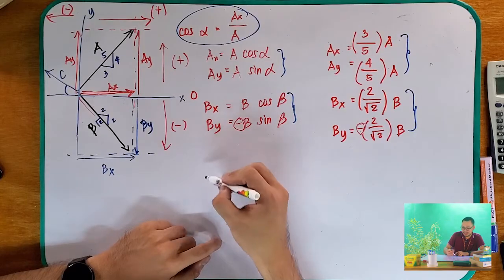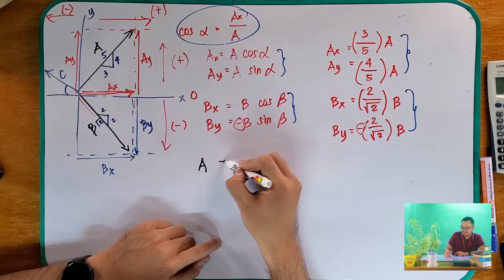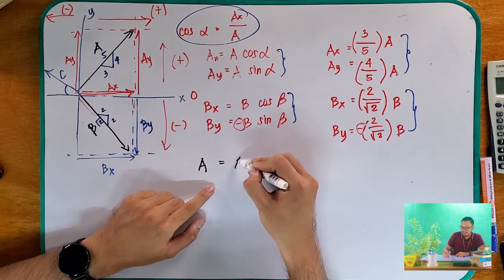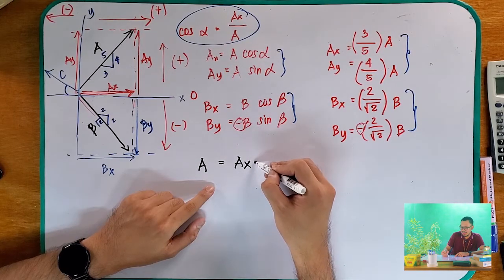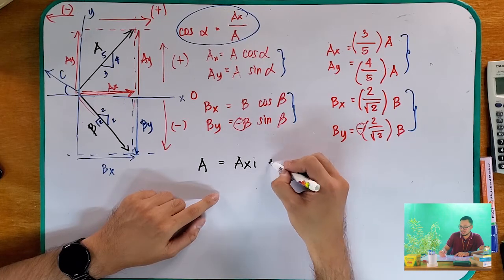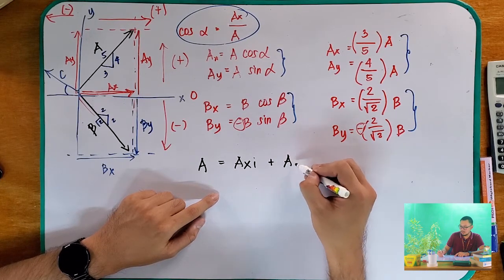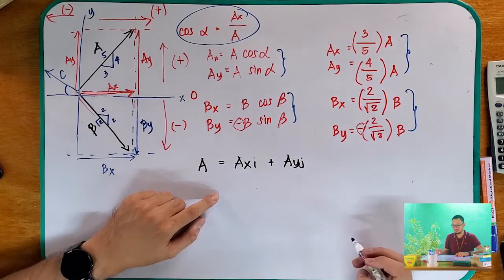Let's say I want to express my force A as a Cartesian vector. So, what I do is, Cartesian vector A is just equal to Ax i plus Ay j. That is the Cartesian vector.